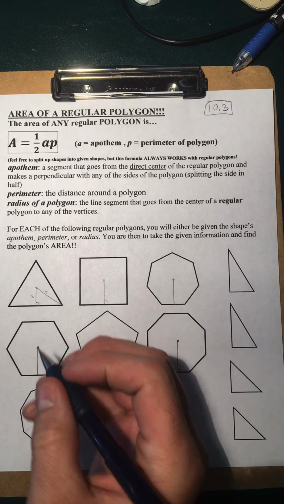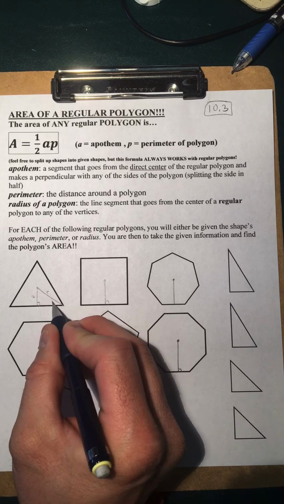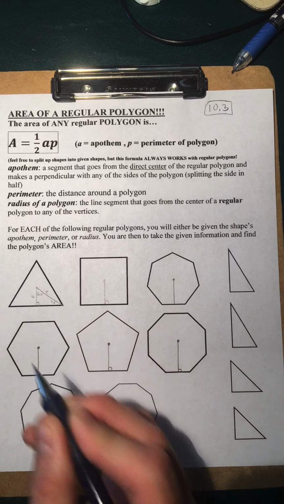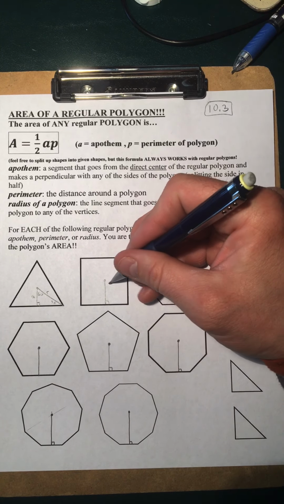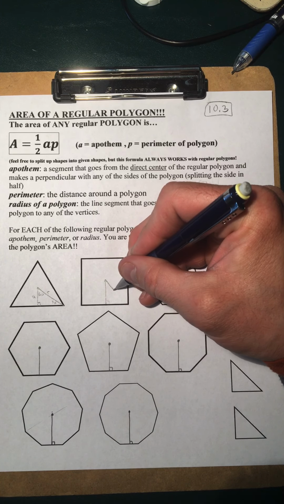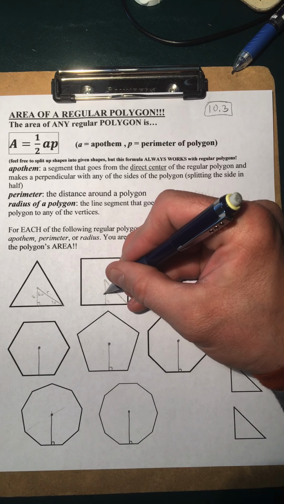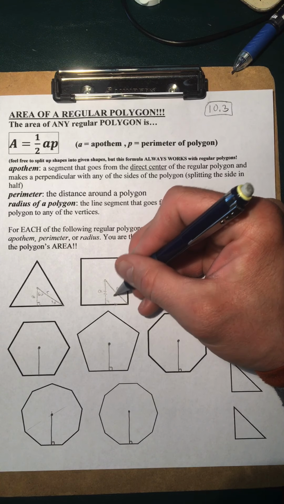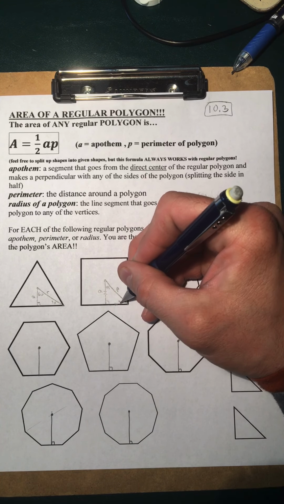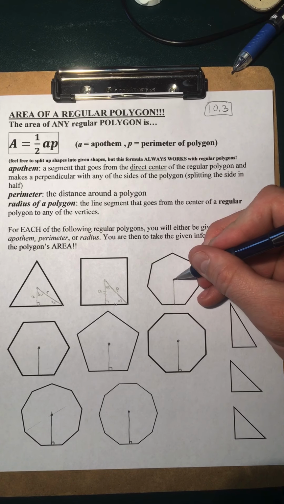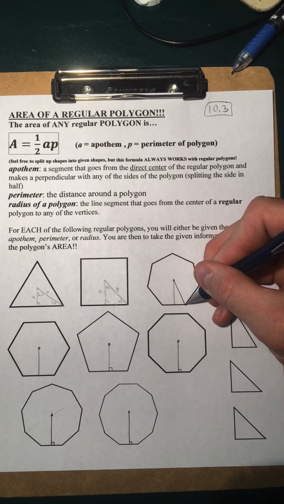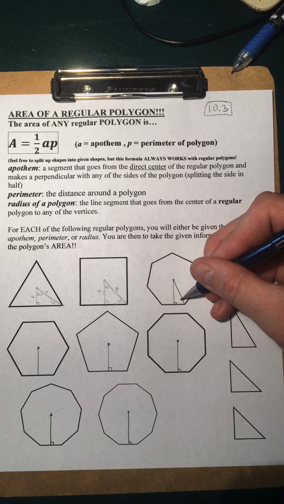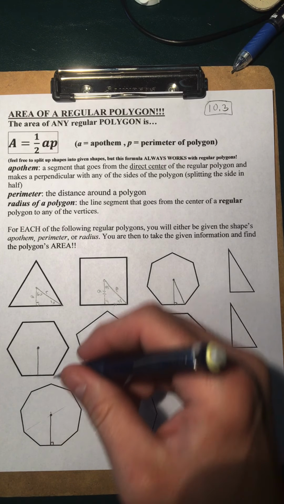And on a triangle, it turns into a 30, 60, 90, which is kind of cool. If you were to draw this triangle on a square, you guessed it, here's the apothem, here's the perimeter. This one is a 45, 45, 90. On a septagon, we'll talk about how to find these angles tomorrow, or next lesson.